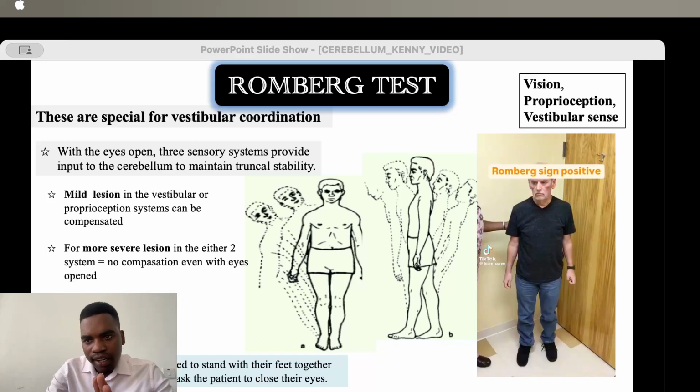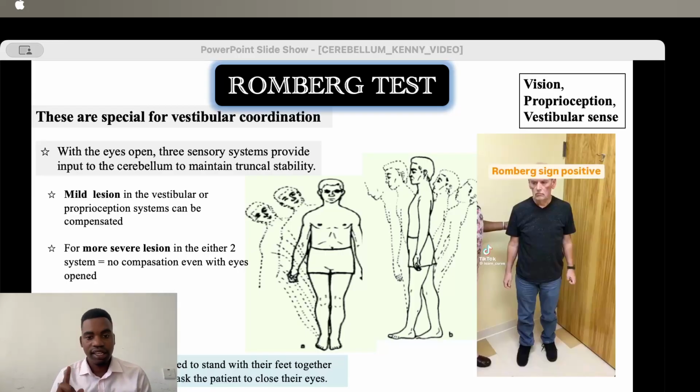So if someone has a mild lesion or mild loss of proprioception, vision, together with the vestibular sense, will help to mitigate or alleviate the symptoms of the missing component. So if he keeps his eyes open, he can always maintain his posture.